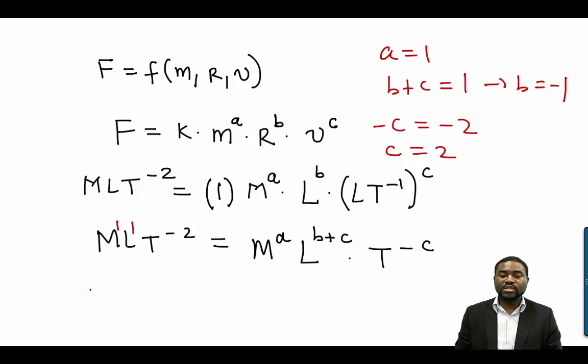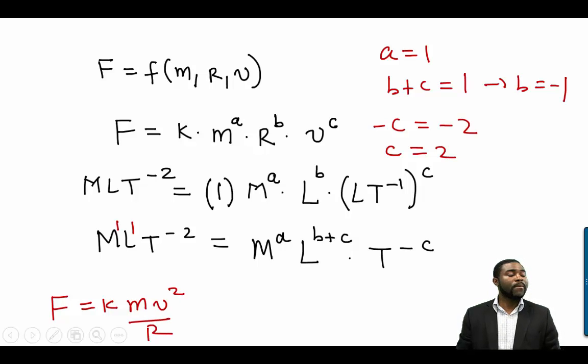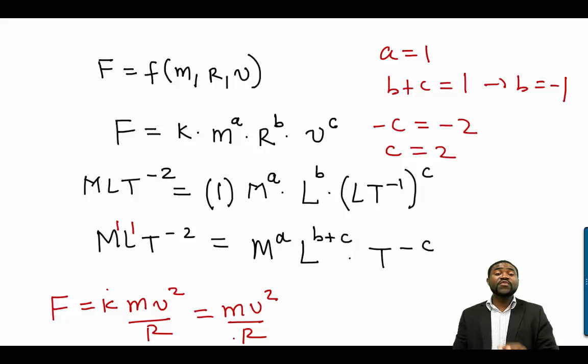So if we feed everything back into that formula, the formula for centripetal force will be equal to K m raised to the power 1 v raised to the power 2, all divided by R. And sooner or later you will realize that this K is actually equal to 1. So this is just going to be equal to mv squared all divided by R. We have derived this formula for the centripetal force that a car will experience around a circular track, even without doing circular motion.